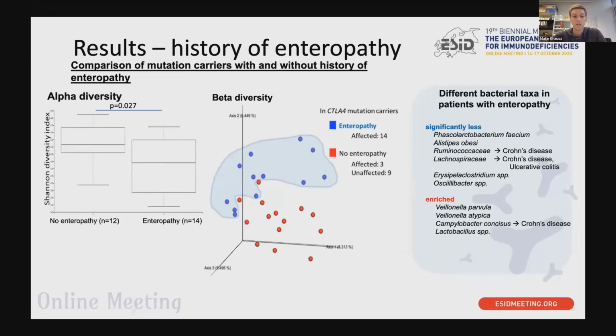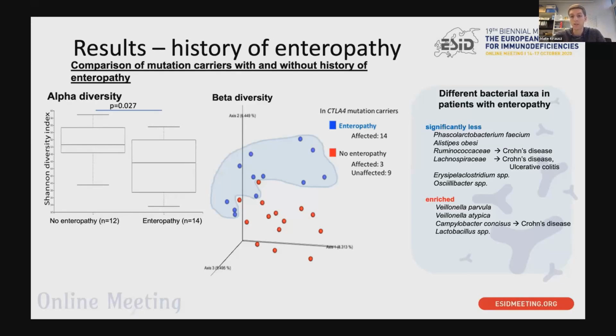We found that patients with reported enteropathy have a tendentially lower alpha diversity compared to ones without. This was again confirmed by the beta diversity, as the patients with reported enteropathy clustered together separately from the ones without enteropathy.